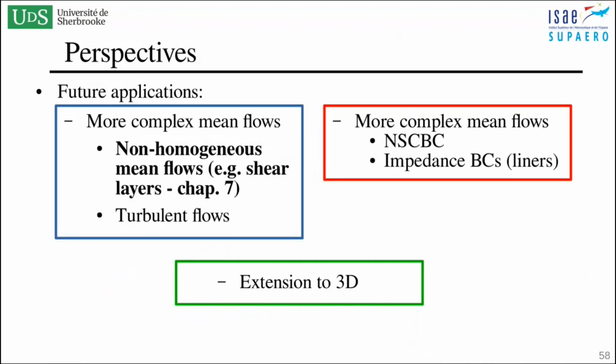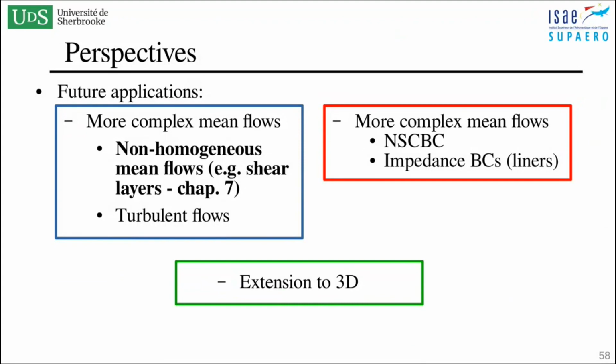And with regards to the applications, so to more complex applications, it will be first interesting to go towards more complex flows. So this is something we start seeing in the PhD manuscript. So for example, going to non-homogeneous mean flows such as shear layers, but this is only taking into account the mean flow effects. It would also be interesting to go into further complex flows such as turbulent flows. Also, with regard to developing boundary conditions for use in neural networks, it would be interesting to go further in studying the non-reflective boundary conditions.